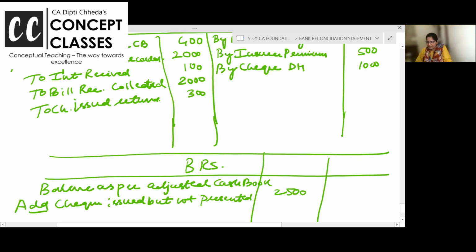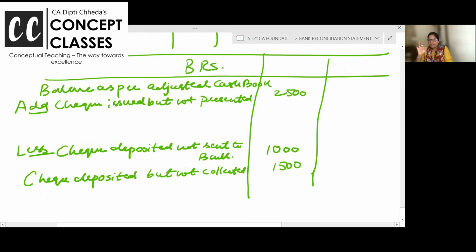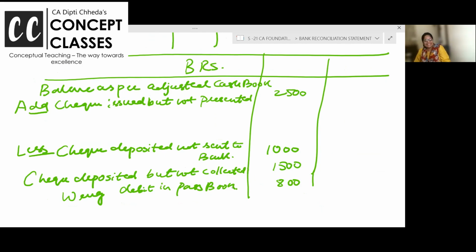So we should also credit, but in the BRS. Nothing to do with the books. Bank has wrongly debited our account. We should also credit, and write down under less: wrong debit in passbook. We should also credit in our books. And this is a debit balance, so credit means less. Nice.